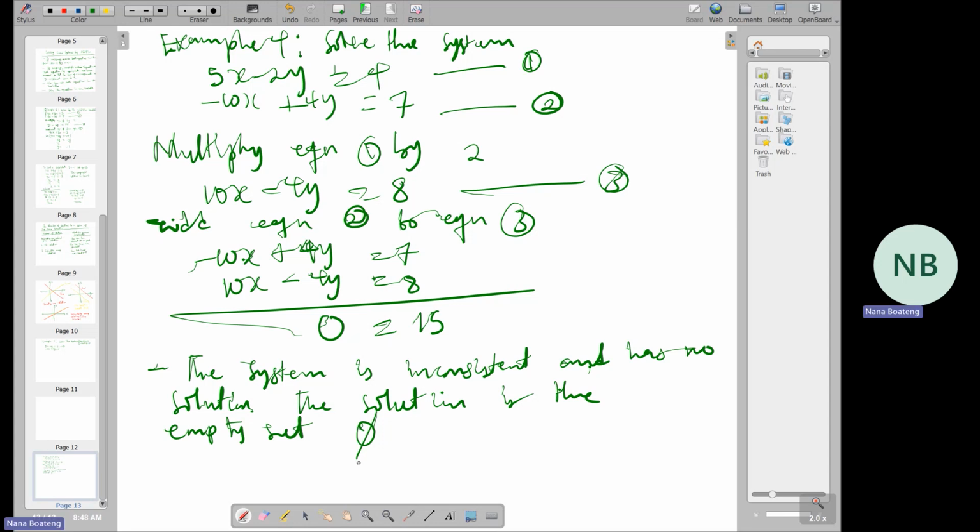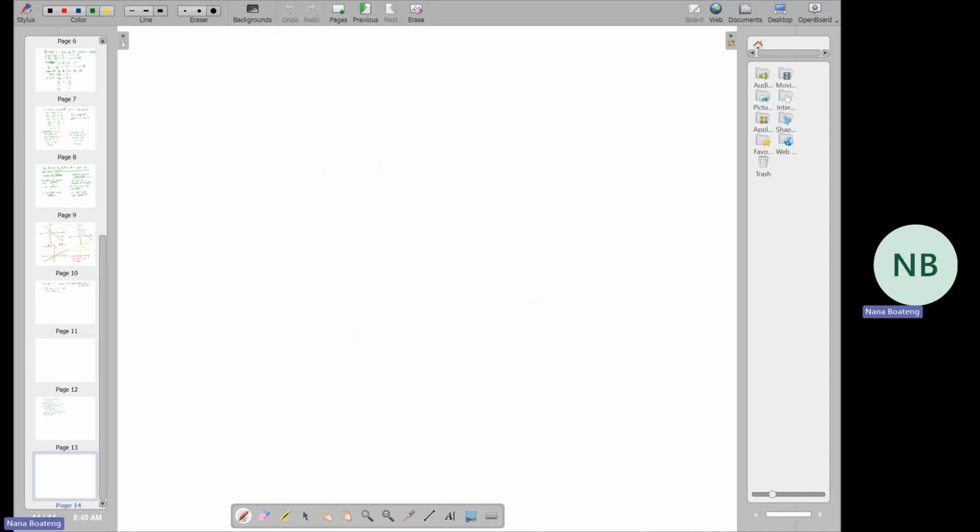Graphically, if we were to plot these two graphs, you would realize that both of them never intersect. Both of the two lines never cross each other. They both go in the same direction, and they never meet each other.